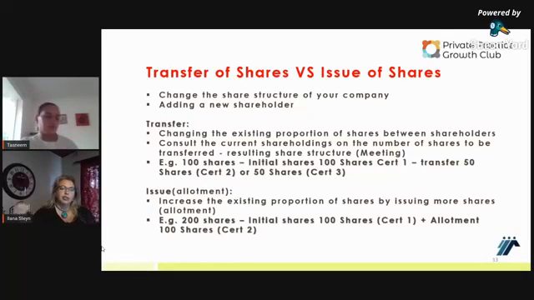And then we issue share certificate number 3 to them, which means that the money that person is now paying is going to the company, not to me or Tasneem, but to the company directly. That's basically the difference between transferring shares from your own capacity, or allotting or issuing shares in the name of the company, so that the money then goes to the company directly. I hope that's clear to you.